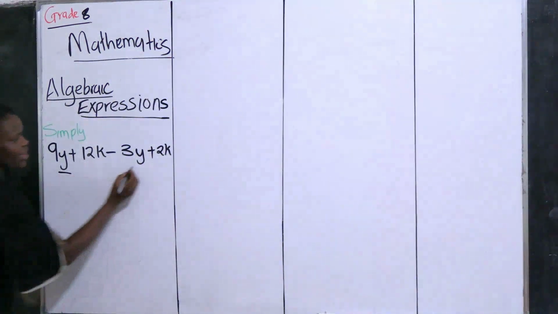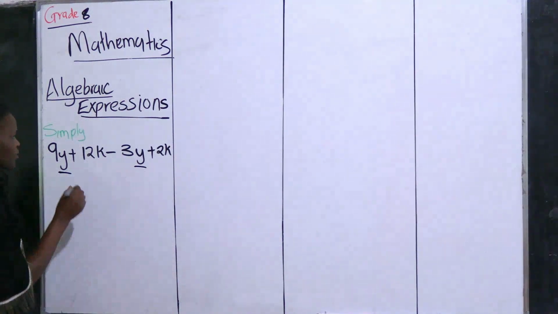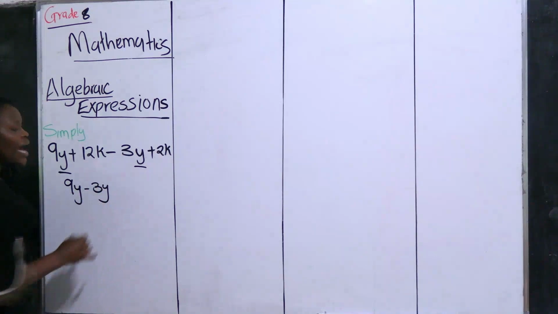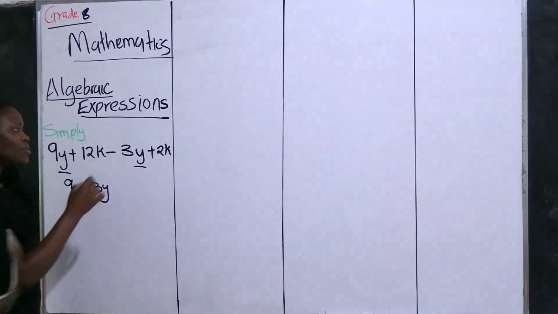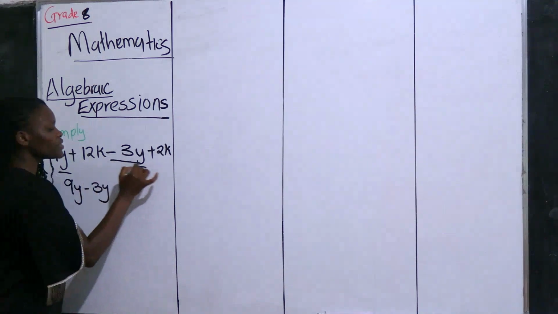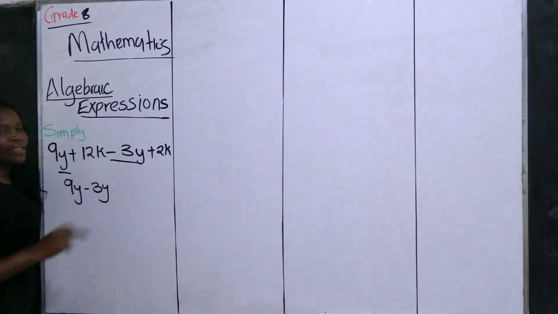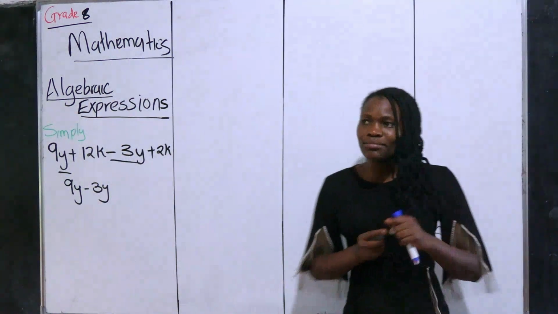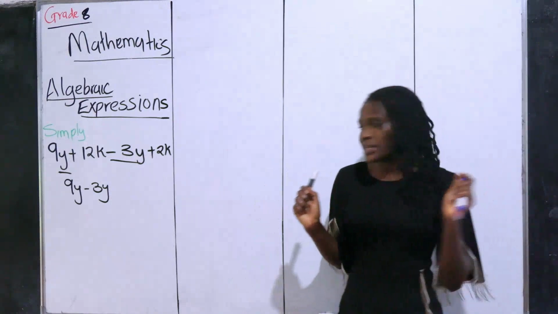In this case, the y terms are similar, so we collect them together. We are going to have 9y minus 3y. When you're collecting them, you take each term with the whole of its sign. This 3 has a negative sign, so you collect it with its sign.